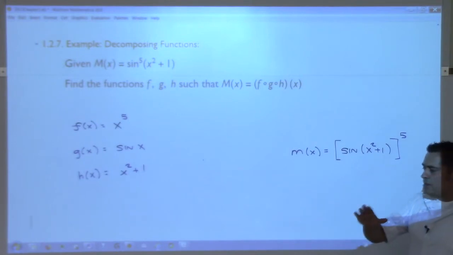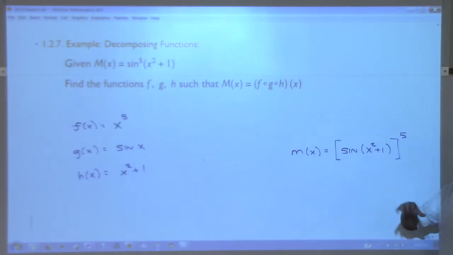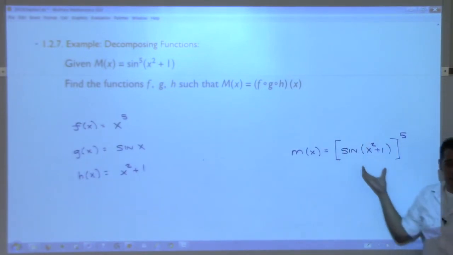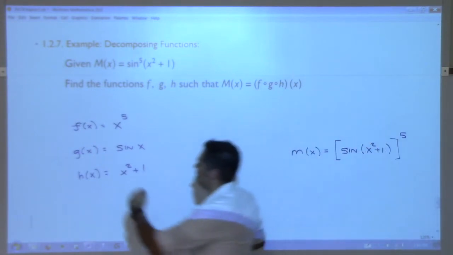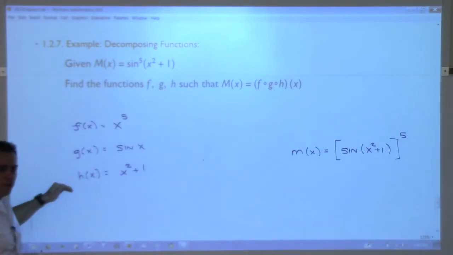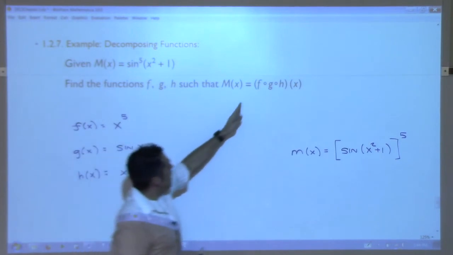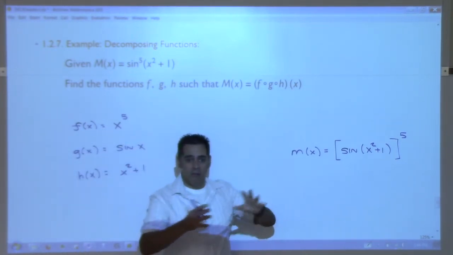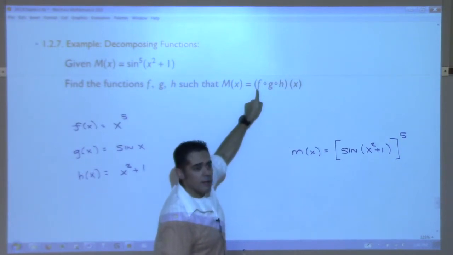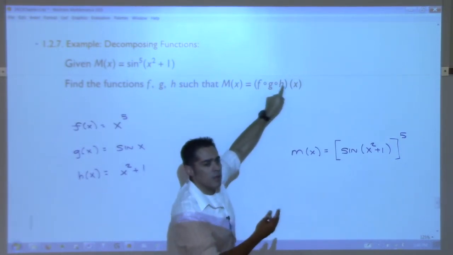So I originally asked Nas what would be the last thing that happens. And he confirmed that the fifth power would be the last thing that happens, right? I asked that because I want to make sure everyone understood that notation really means this. When we're trying to come up with the functions that will do the composition, when you have f of g of h of x, the last function is f, the one before that's g, the one before that's h.